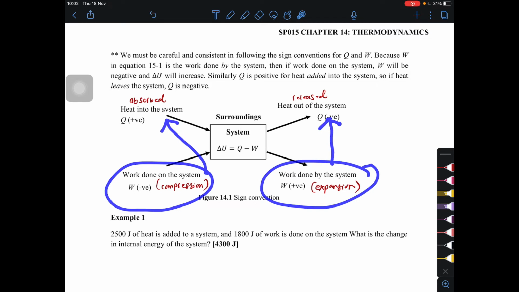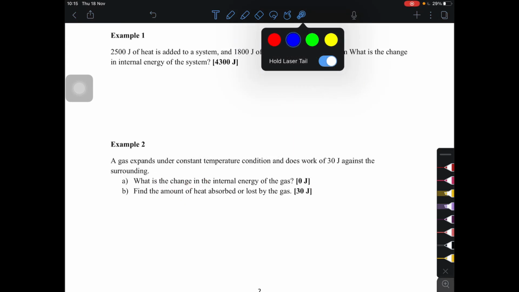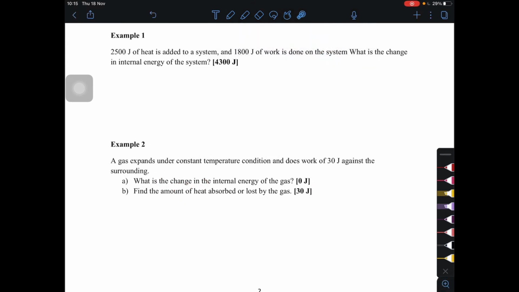This is what usually happens in the system. Just make sure you get the keywords right so that we can identify whether the sign is positive or negative.